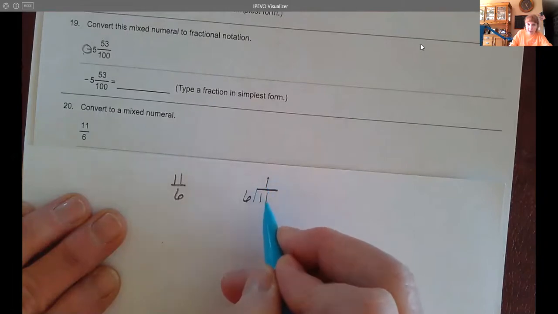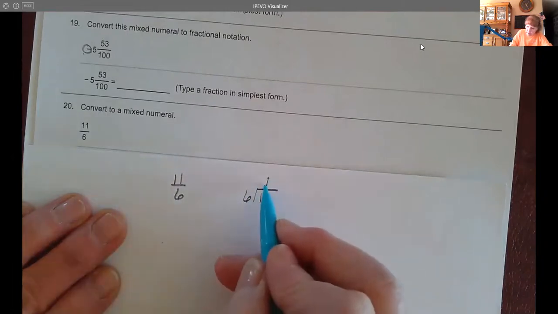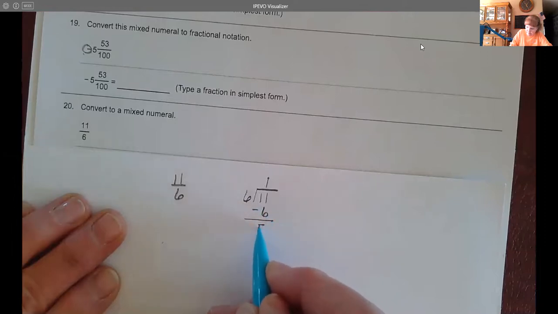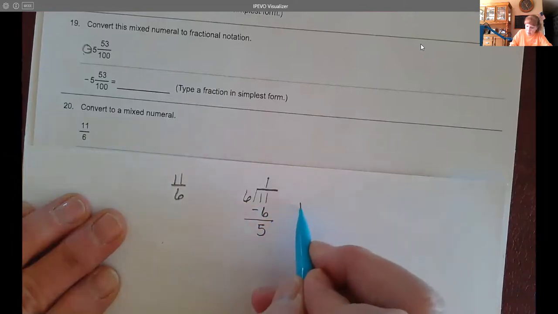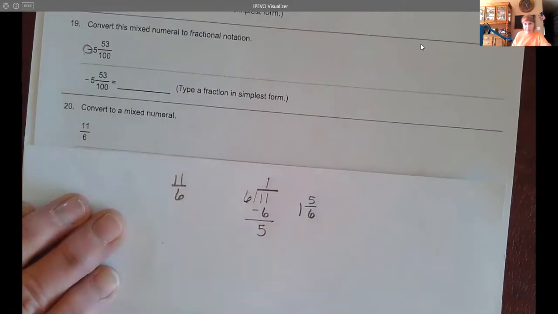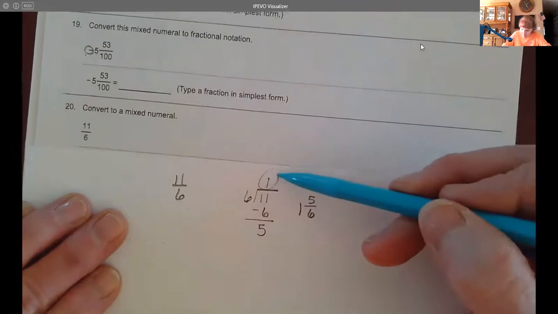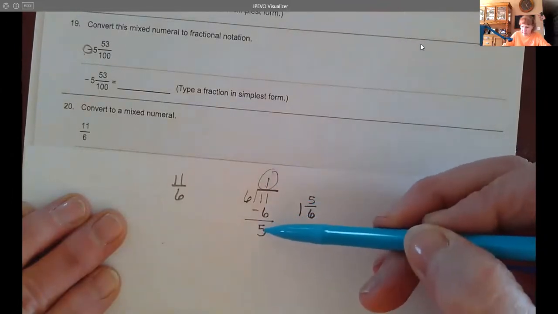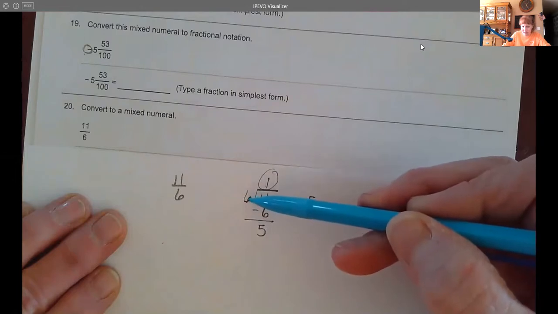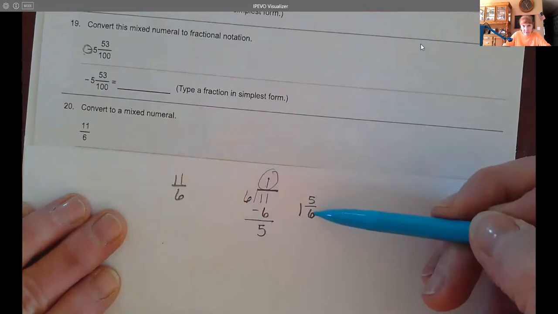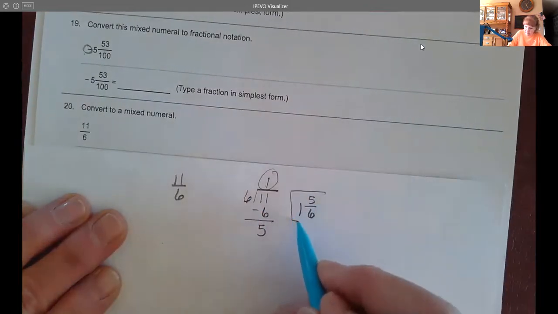Twice would be 12, that would be too many. So 1 times 6 is 6. So your answer is 1 5/6. So you got the 1, that goes here. And then you put your remainder over this divisor here. So 5/6. And there's your answer.